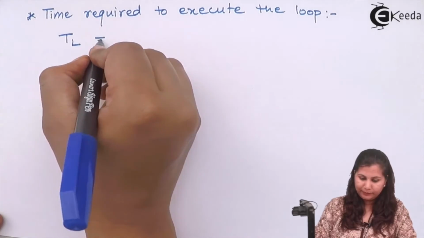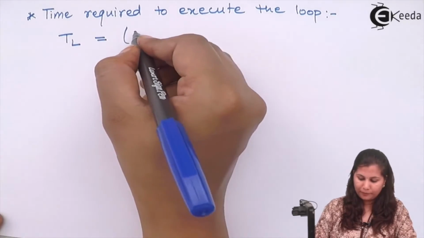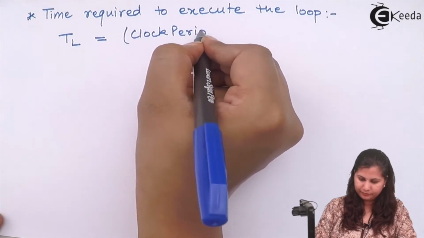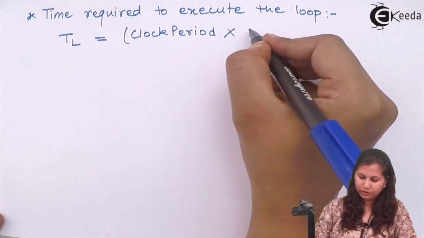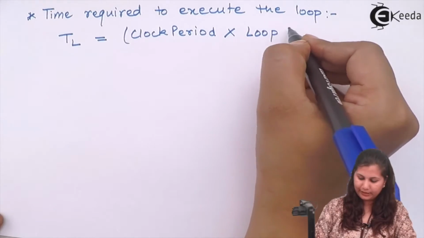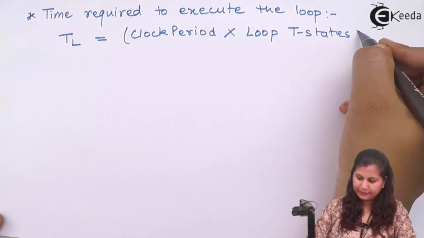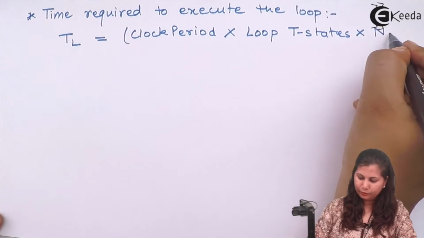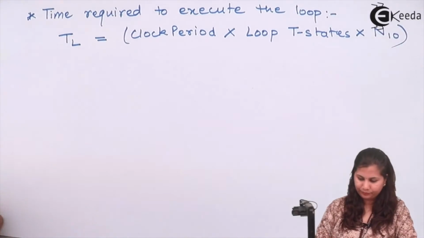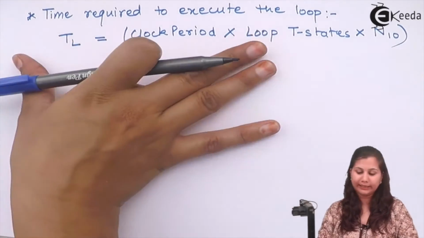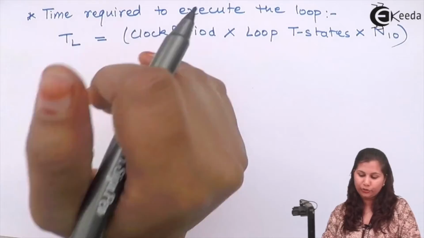It will be the clock period into the loop T states and N to the base 10. This is the formula for calculating the time required to execute a loop.